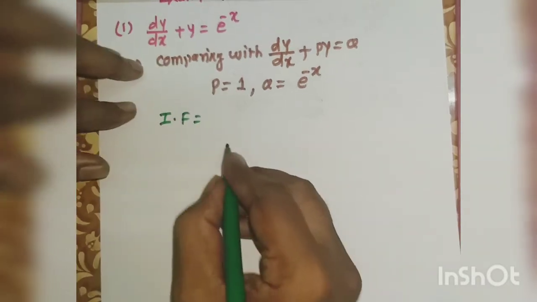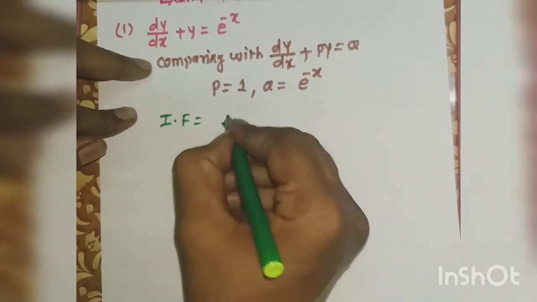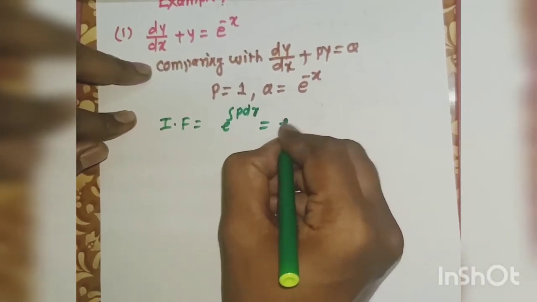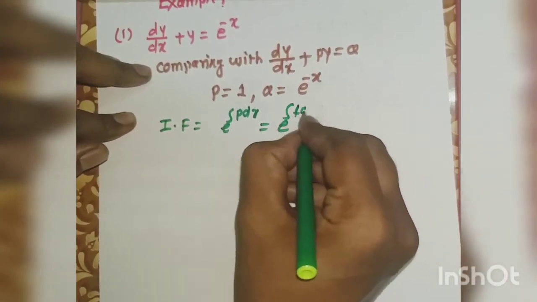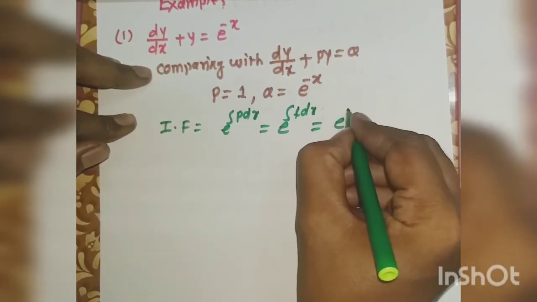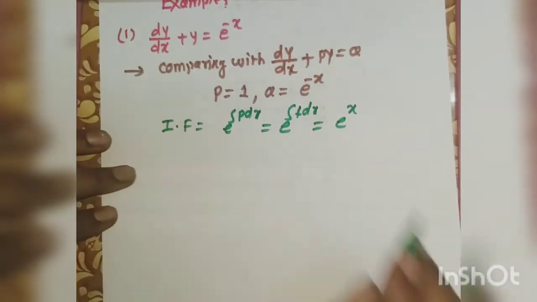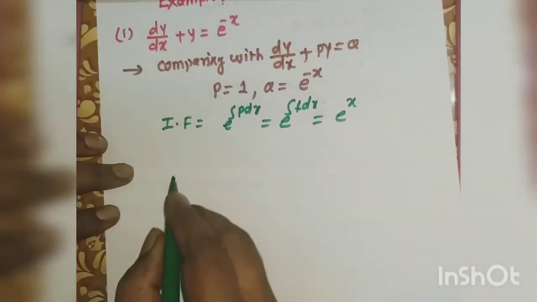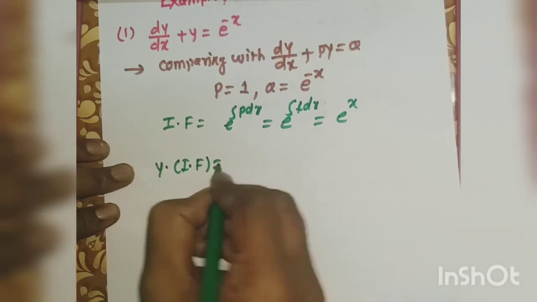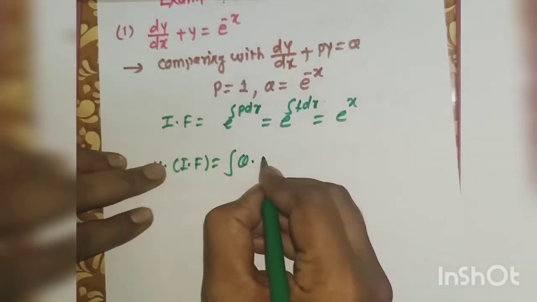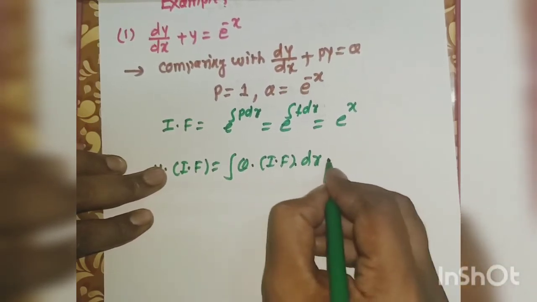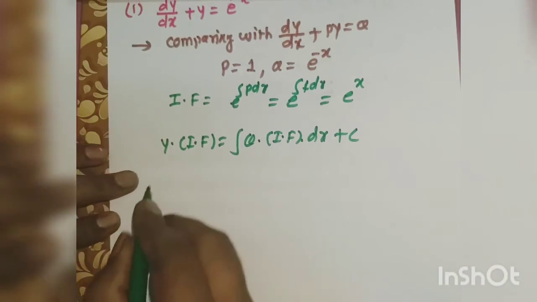The integrating factor IF is equal to e raised to integration of P dx, which is e raised to integration of 1 dx, which is e raised to x, called the integrating factor. And write the solution: y into IF is equal to integration of Q into IF dx plus constant c.